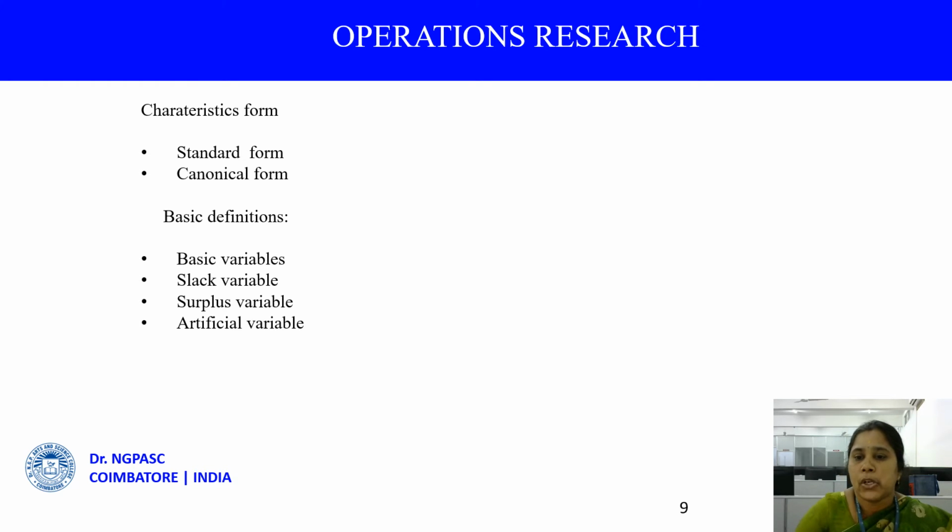For example, 2x1 plus x2 is greater than or equal to 5. The problem is then written as 2x1 plus x2 minus surplus variable plus artificial variable is equal to 5. That is, we are introducing the surplus variable and the artificial variable.